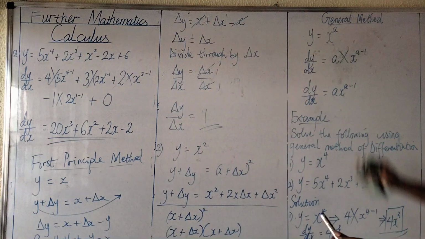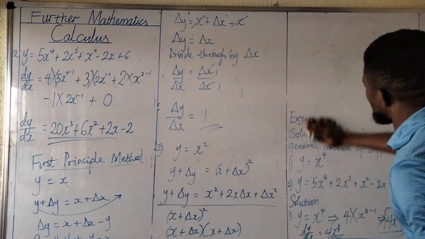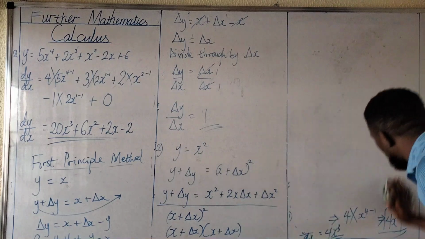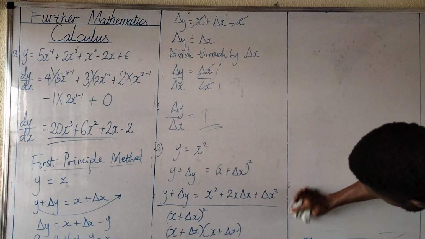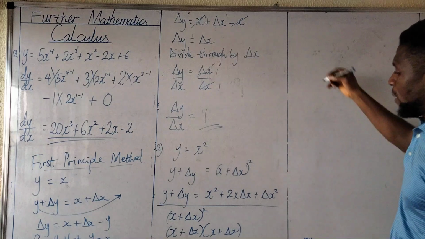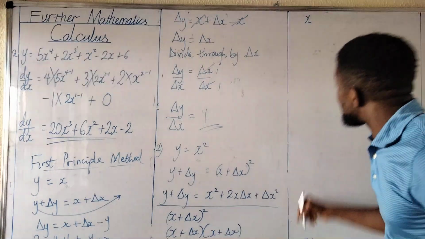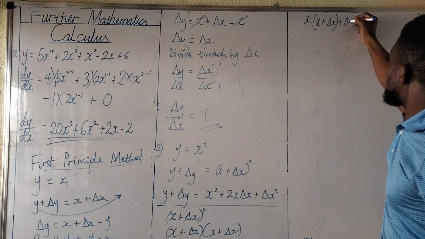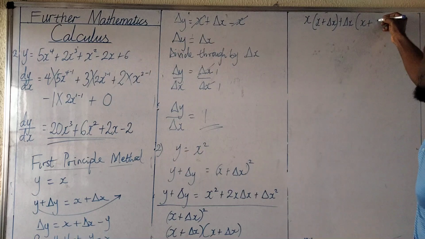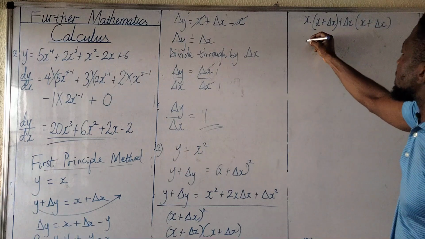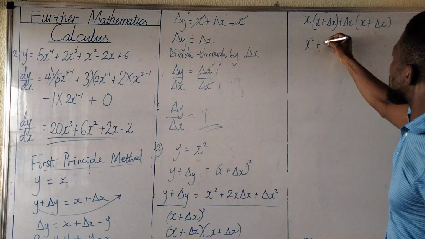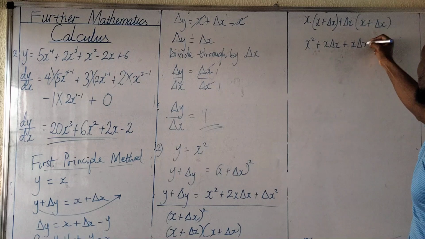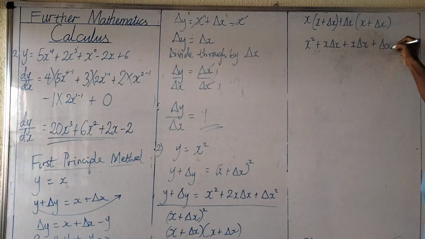So let us multiply. x multiplied by x plus change in x, and plus change in x multiplied by x plus change in x. x times x is x squared, x times change in x gives x change in x, the other term gives another x change in x, and change in x times change in x gives change in x squared.